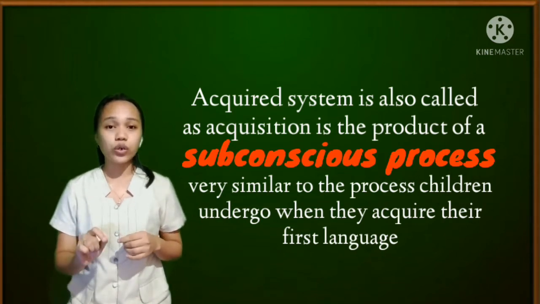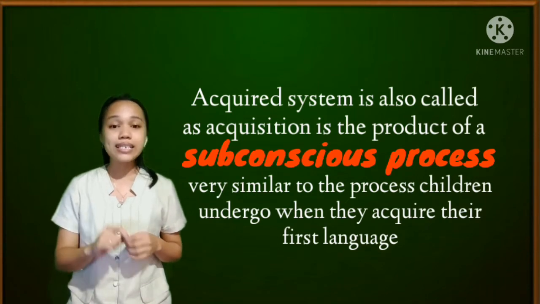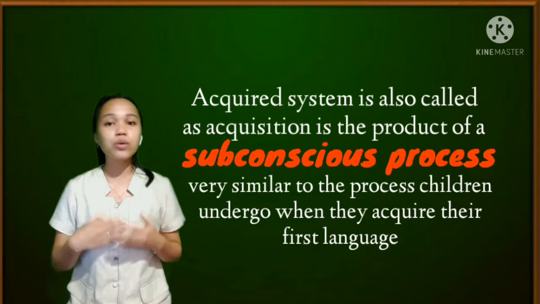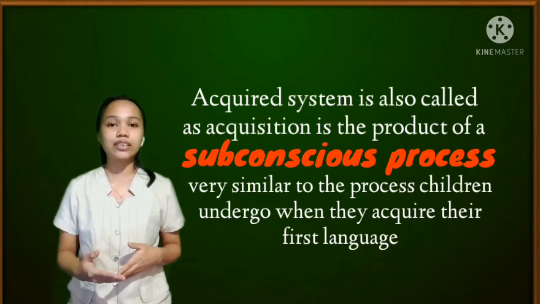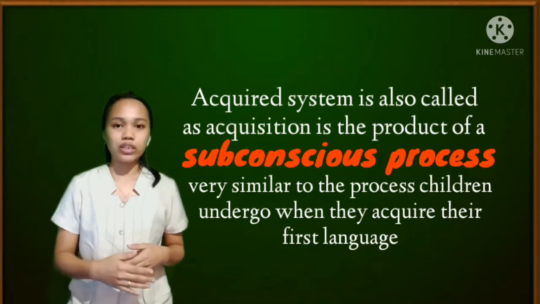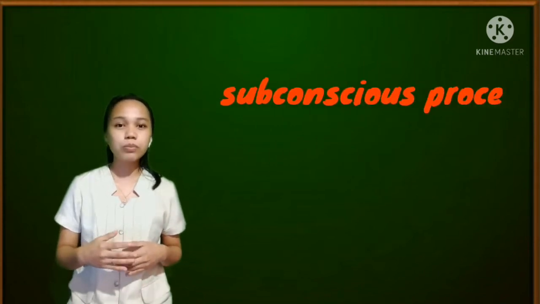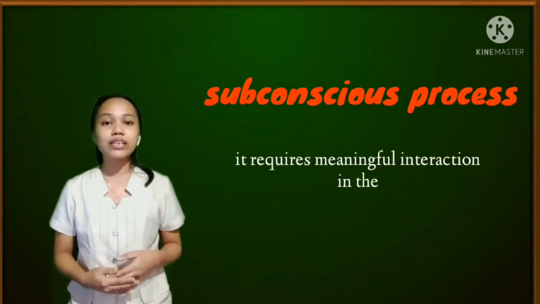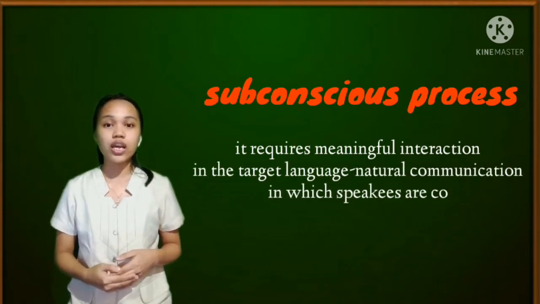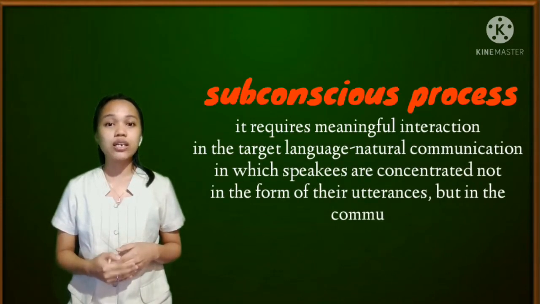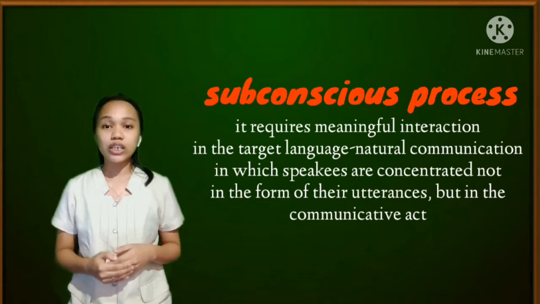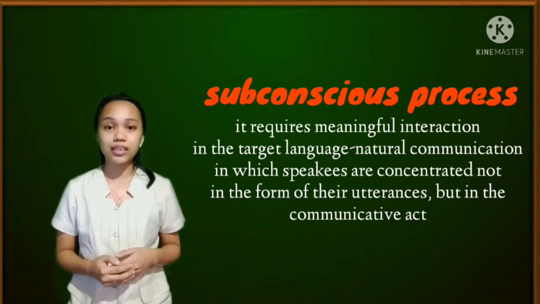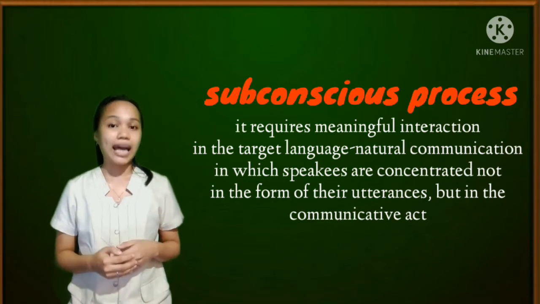So acquisition or the acquired system is the same as those children who first learn their first language. Since it's a subconscious process, that means it requires meaningful interaction in the target language, natural communication in which speakers are concentrated not on the form of their utterances, but on the communicative act.